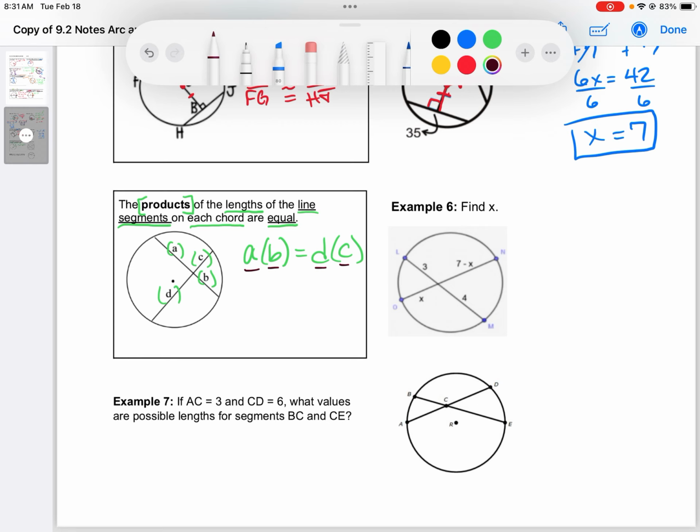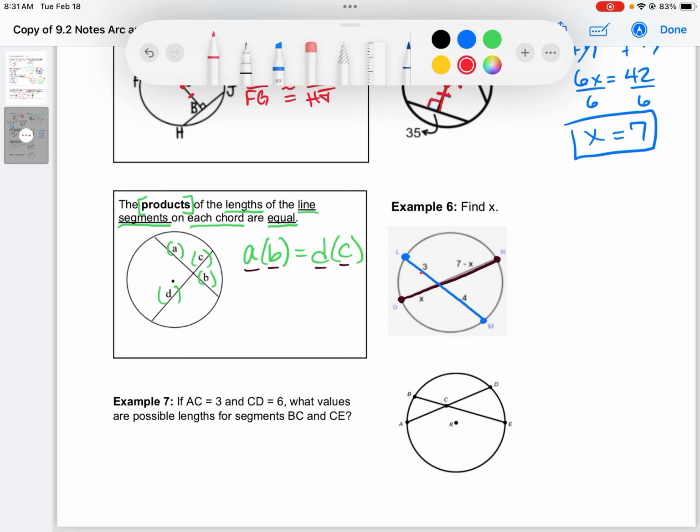And so I think the best place to see it in action is to use an example. So you can see here we've got a chord that I'm outlining in this dark color, and then I'm going to outline the other in blue, just so you can see what works together.